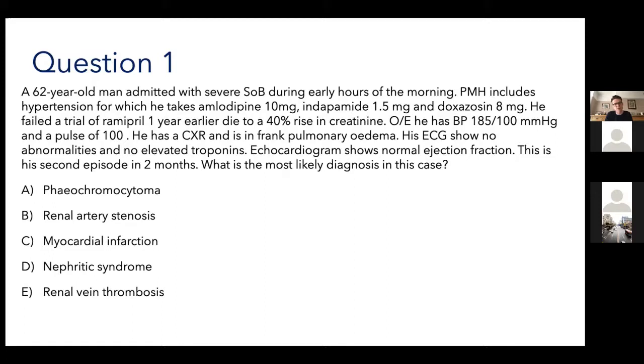His chest x-ray is showing pulmonary edema, his ECG shows no abnormalities, and there are no elevated troponins. His echocardiogram shows a normal ejection fraction. It's his 2nd episode in 2 months. So what is the most likely diagnosis in this case? Anyone want to shout out?